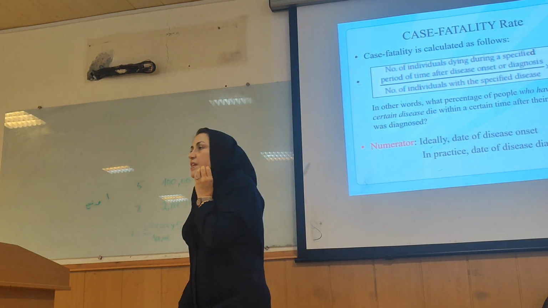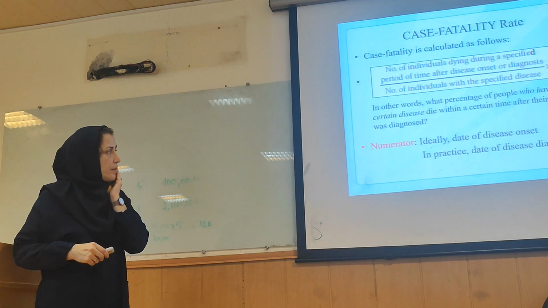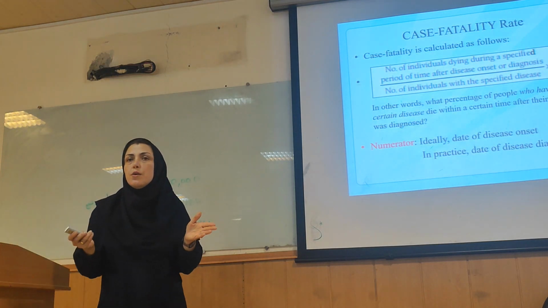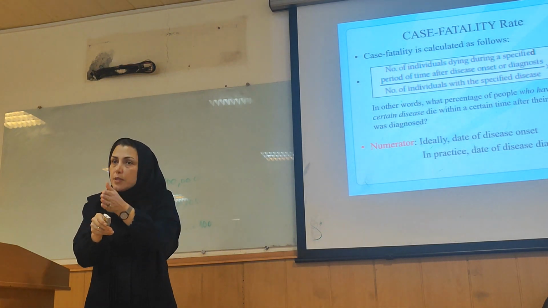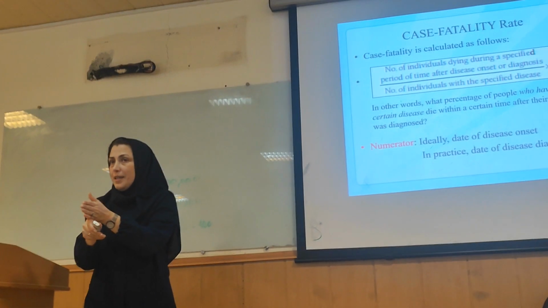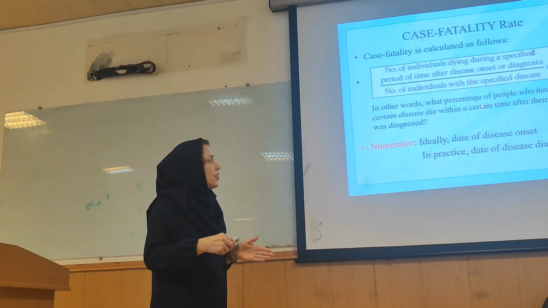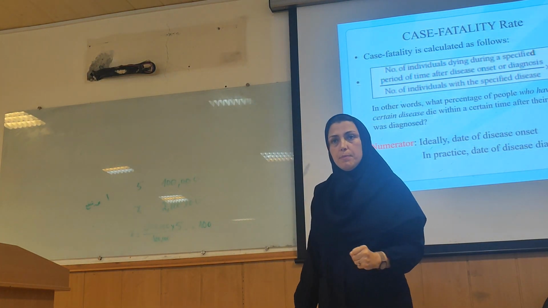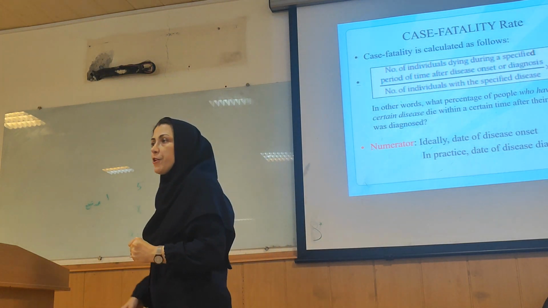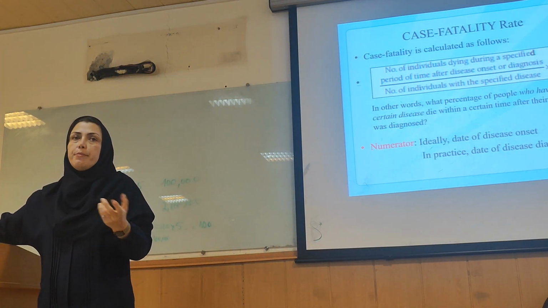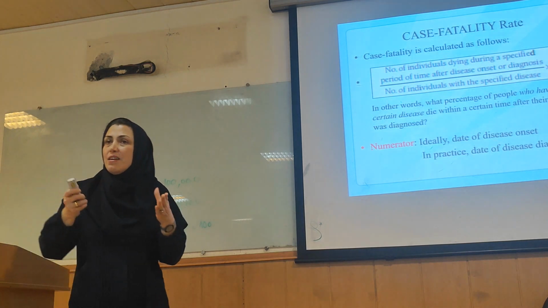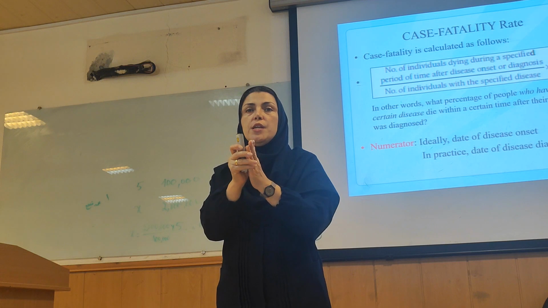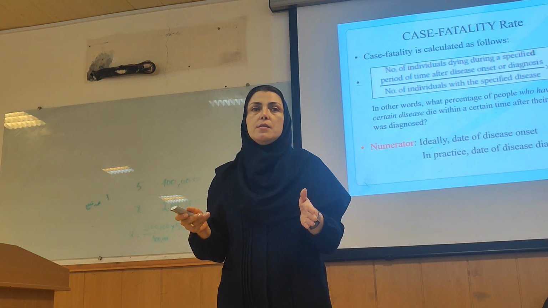Sometimes we know the date of disease onset, but sometimes we do not know exactly. But we can use the disease diagnosis date. What do I mean? For example, for breast cancer, we cannot identify the cancer based on pathophysiology at the beginning of the disease.